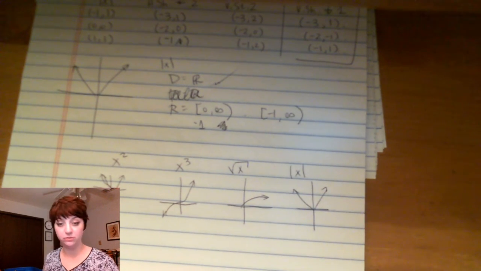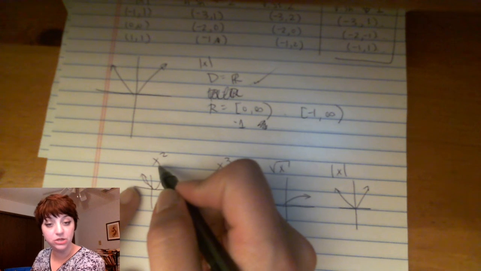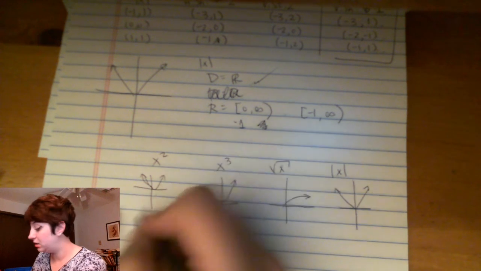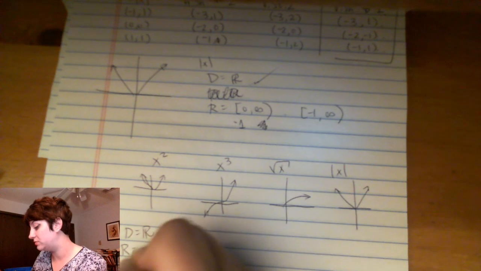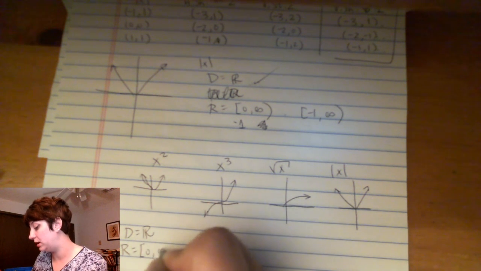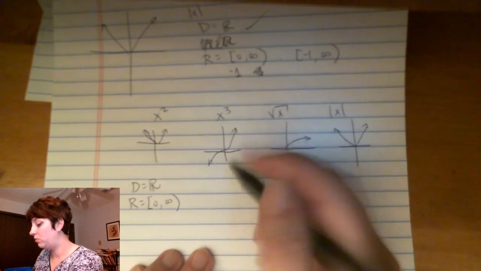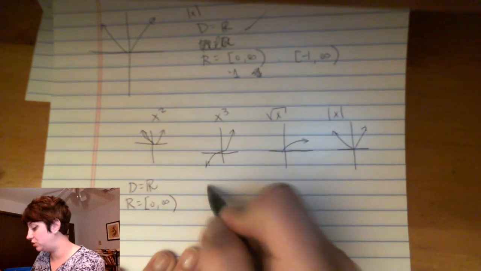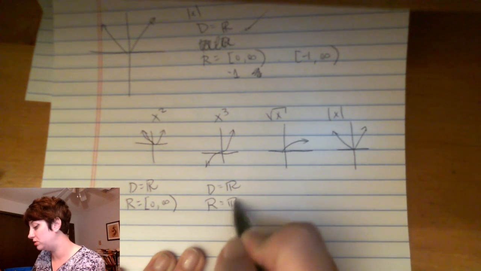Okay, so here's our crappy pictures. What goes into a x squared? Anything. What comes out? Non-negatives. What goes into an x cubed? Anything. What comes out? Also anything.